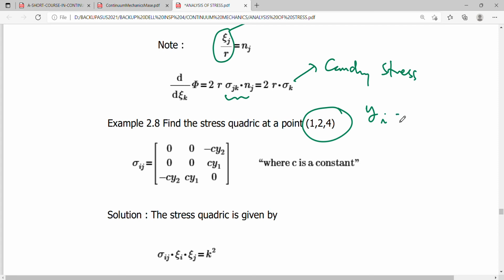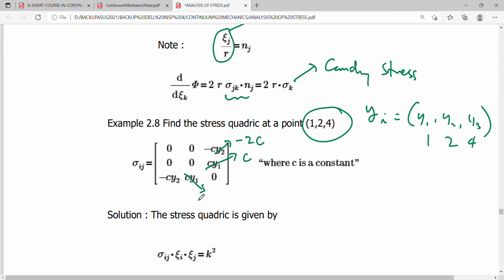So this is yi equivalent to y1, y2, and y3, and these are simply 1, 2, and 4. Since there's no y3 involved here, we simply substitute 1 and 2. So minus c times 2 becomes negative 2c, and c times y1 becomes c.